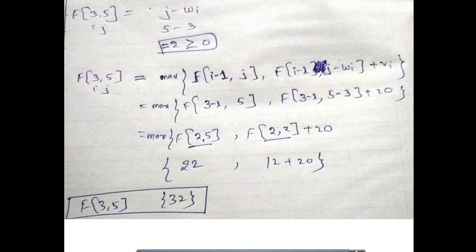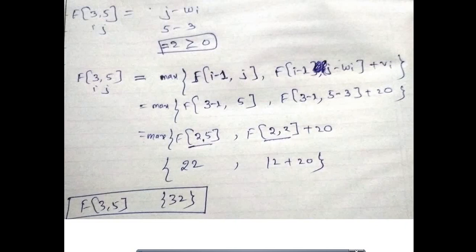Next we have to write third row fifth column. Here also it is greater than or equal to 0. Use this formula. F of 3 comma 5 is how much? 32. Always update this value in your table.